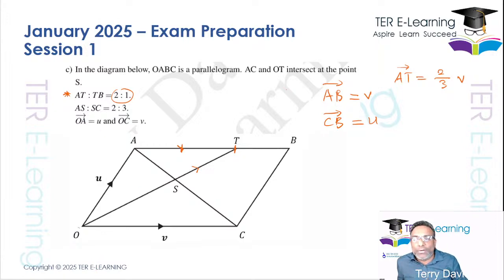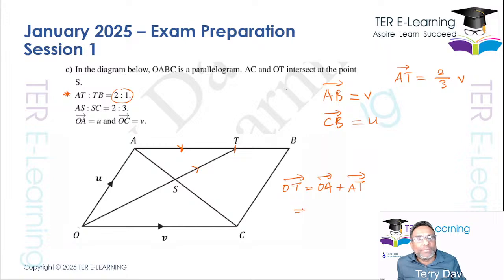Now the question is asking, what's the vector OT? Based on the diagram, you need to come up with your vector equation to get this. Just want to make sure you all see my screen. So you want to work out the vector OT. If I want to travel from O to T, I can go from O to A, think of it as driving from one location to the next, and then go from A to T. So that's my vector OT.